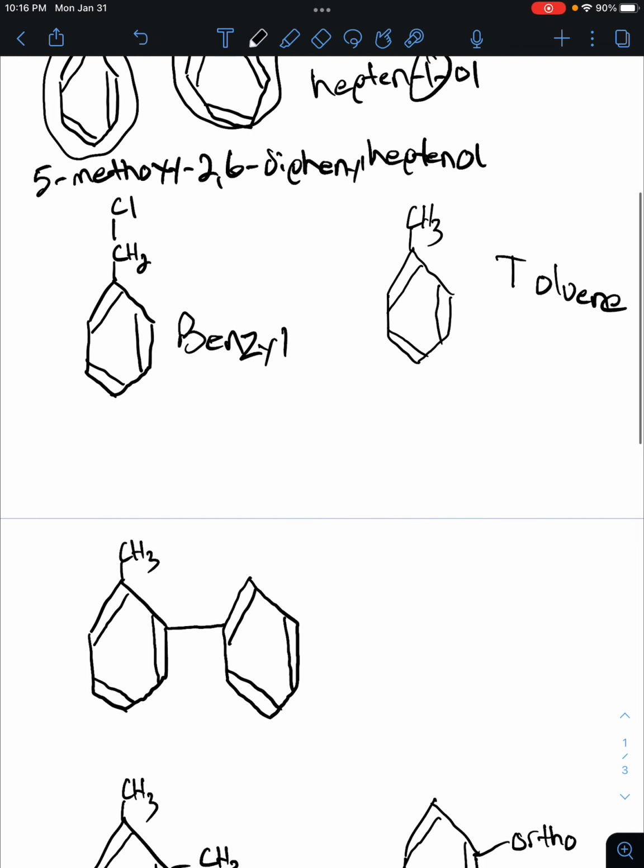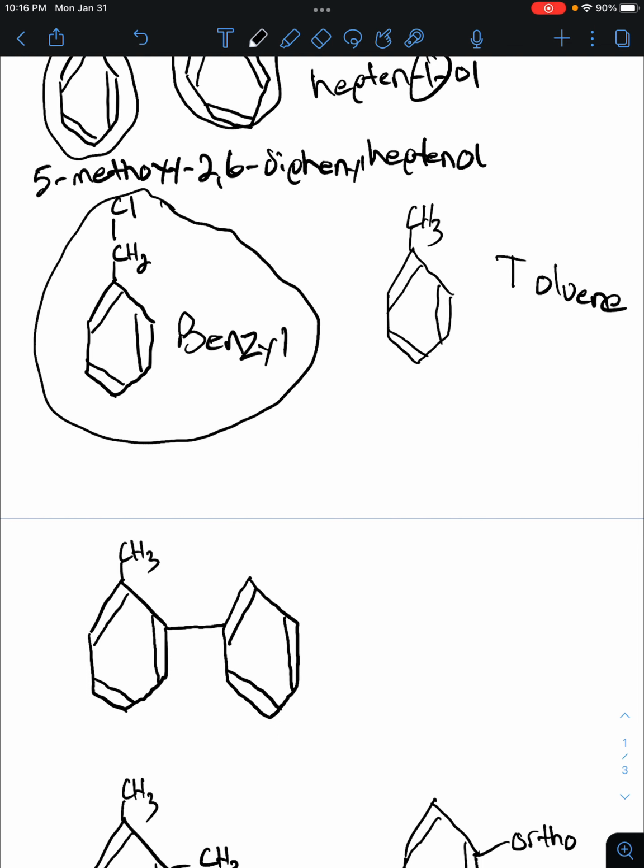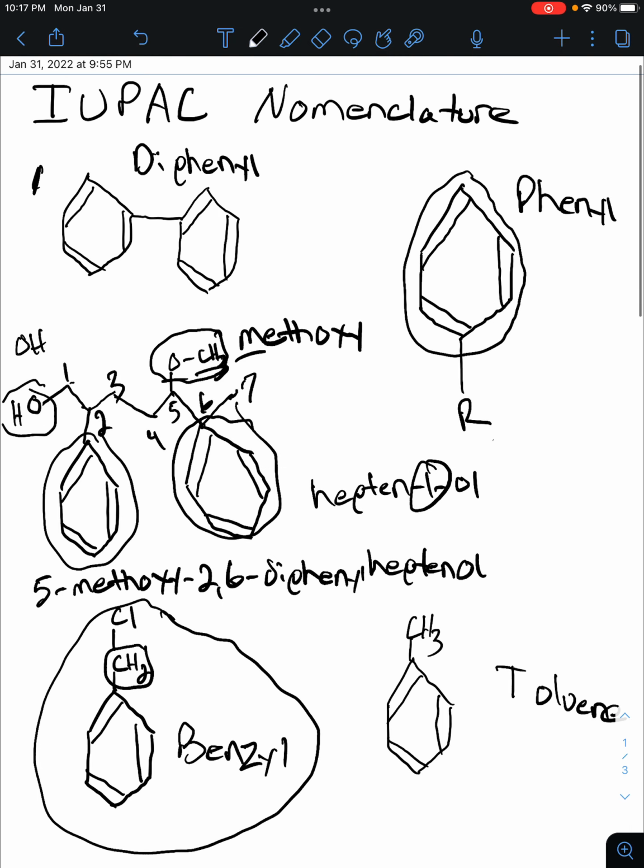How about this one? Anytime you have a benzene ring with a carbon added to it, that is no longer a phenyl, but it's going to be a benzyl group. So what do you think we will name this compound? So we have this carbon here, unlike up here, where it's attached as a substituent.